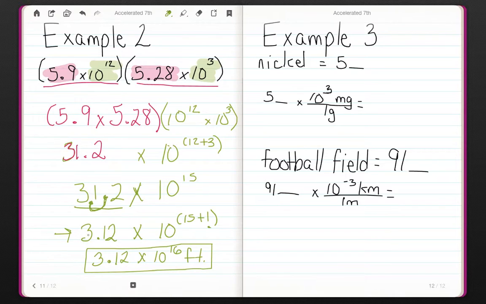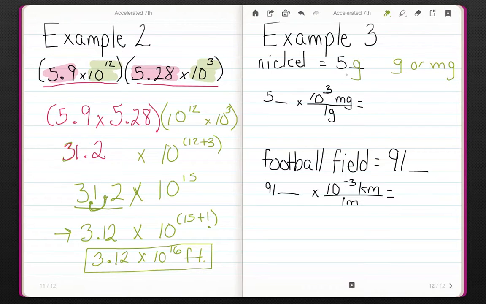Okay, example number 3. Choose the most reasonable unit to describe the quantity. It says the mass of a nickel is 5 grams or milligrams. So the mass of a nickel is about 5 grams.